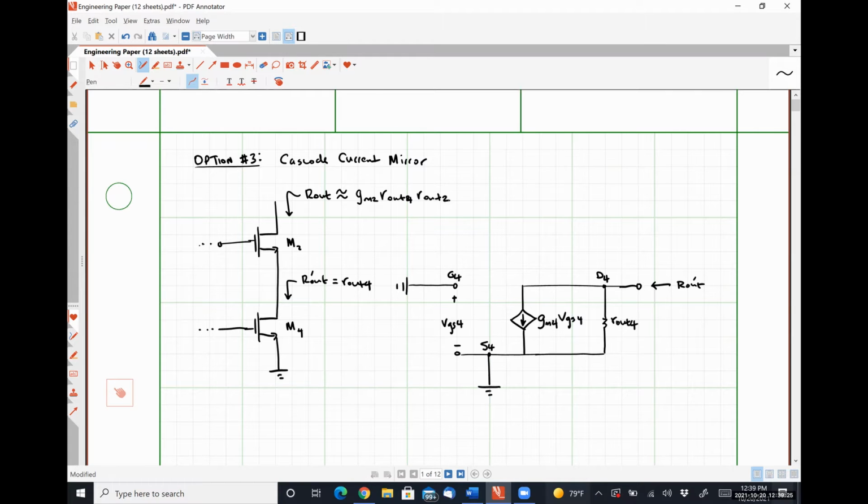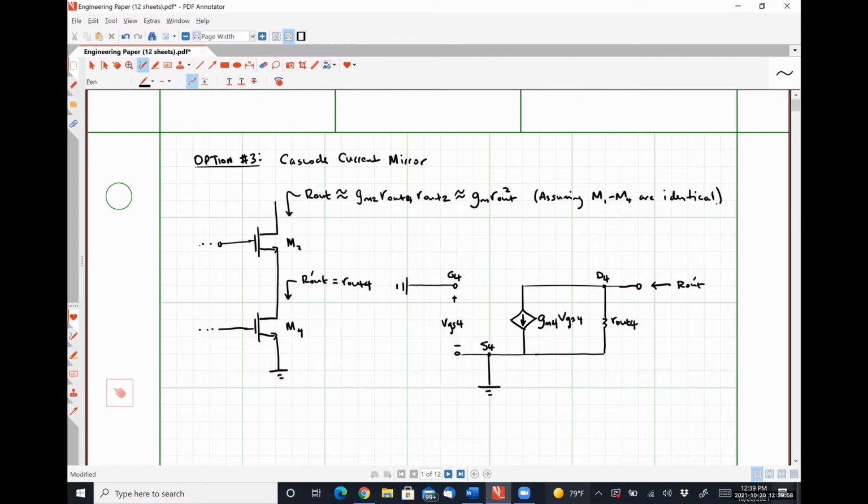Okay. Now, this is going to look like gm R out squared, assuming transistors M1 through M4 are identical. So we have made an assumption here.